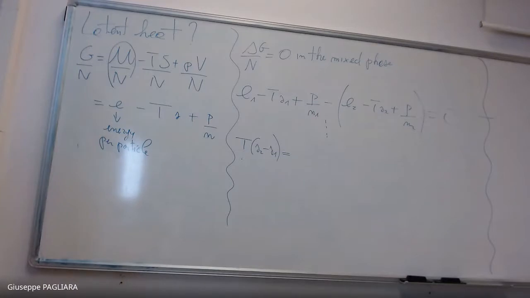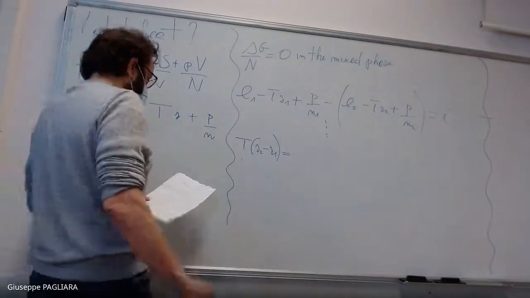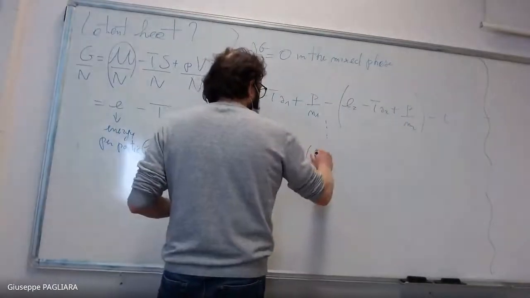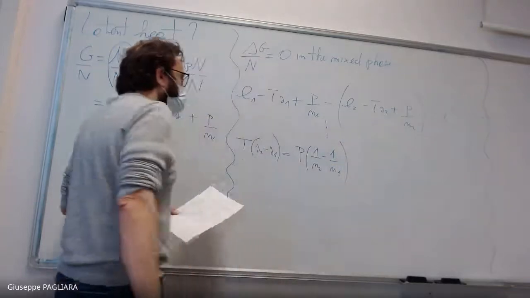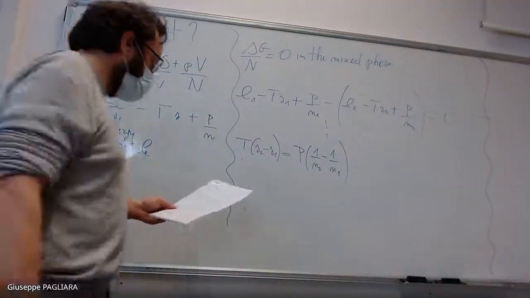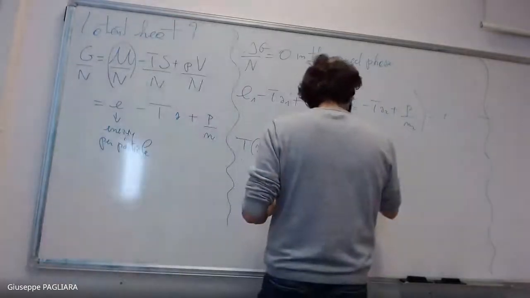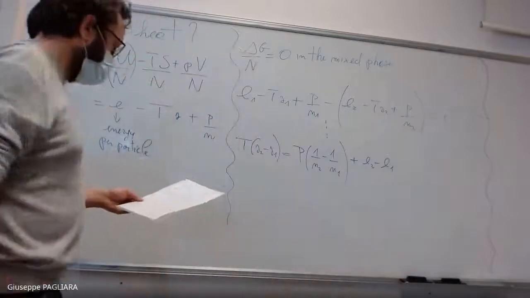There's a minus there, so it becomes a plus, 1 divided by N2 minus 1 divided by N1. And then I get the difference between the energy per particle, which is A2 minus A1.